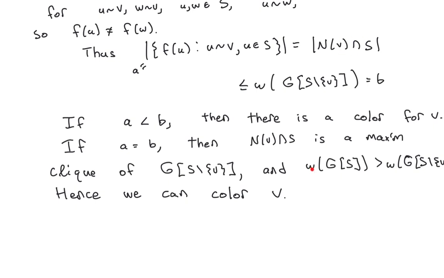So it follows that the clique number of the induced subgraph of G on S is strictly larger than this other one, which means in this worst case scenario, every color got used. It turns out we actually are guaranteed to have one new color we can add and use to color V. And thus we see we can color the induced subgraph of G on S with omega colors. And therefore, if G is chordal, then it must be perfect.